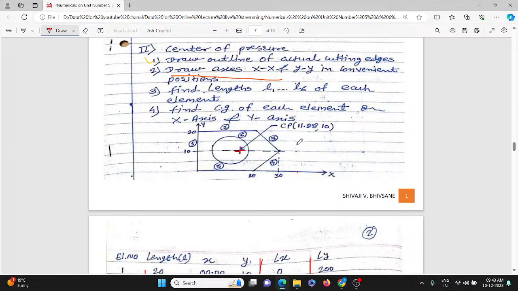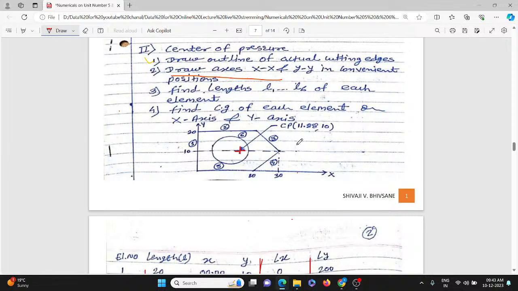If it is not aligned with the axis of the punch, then bending of the punch may be there. To avoid this, the center of pressure line and the axis of the punch must be aligned, so that the bending of the punch will be avoided.